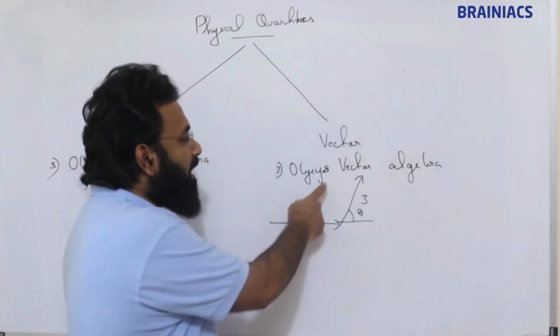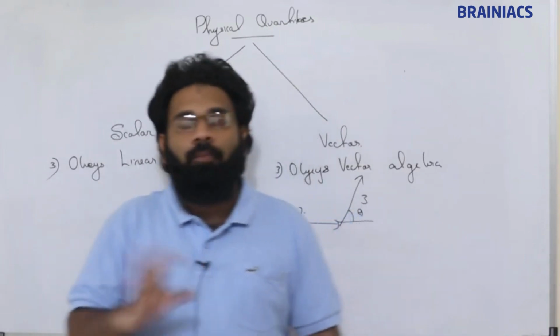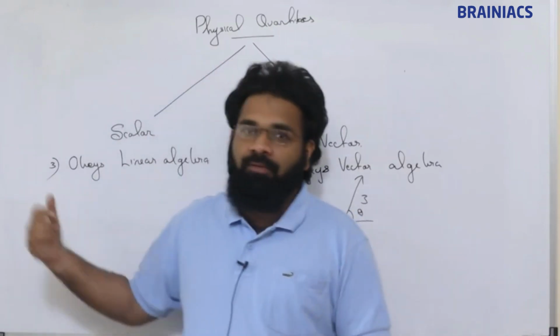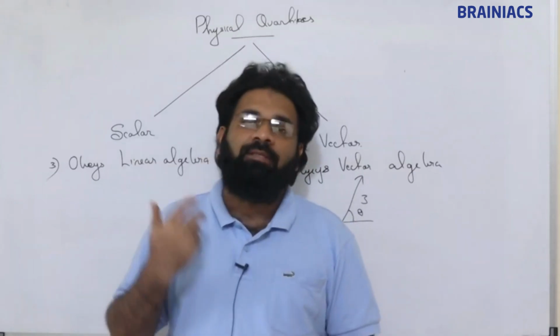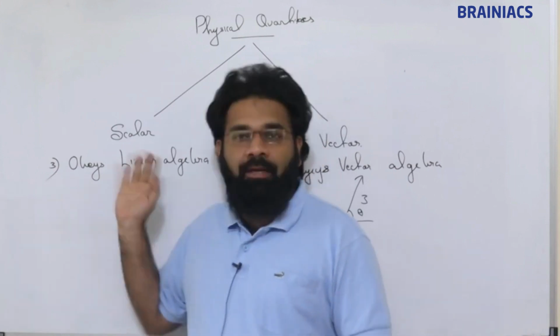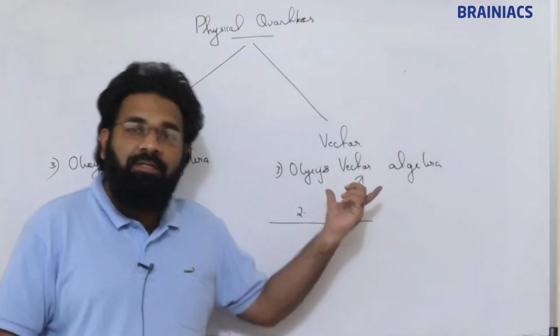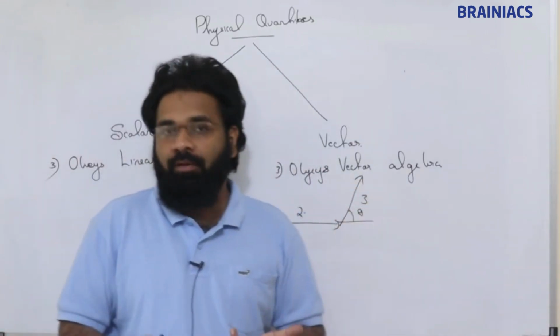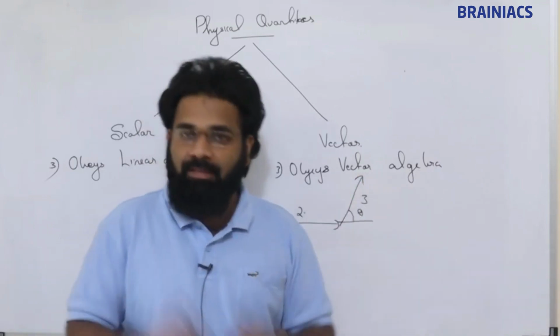If we study vector algebra, then no problem at all. If someone comes and asks you what is 2 plus 3, you will say 5. Why are you asking such silly questions? Because you have studied linear algebra in school. Now if we don't study vector algebra, things will be very difficult. But if we study how to deal with them, things will be easy.